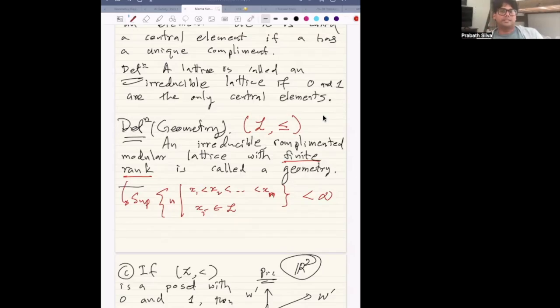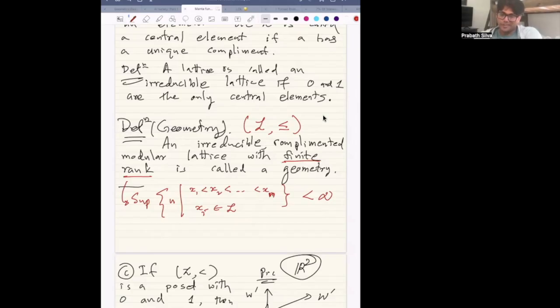I have shown that it's complemented, it's modular, and it's irreducible, because if you have a W that's not equal to the whole space or the null space, then it has more than one complement.